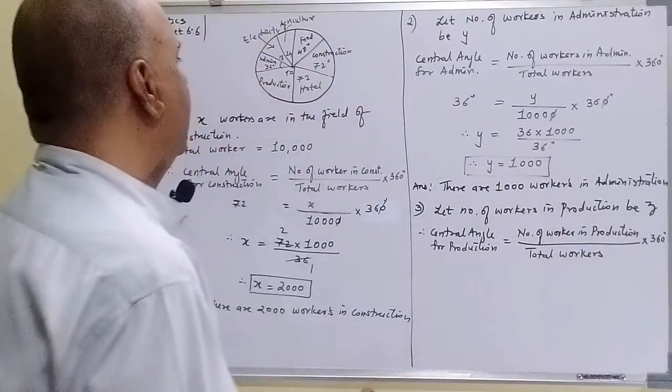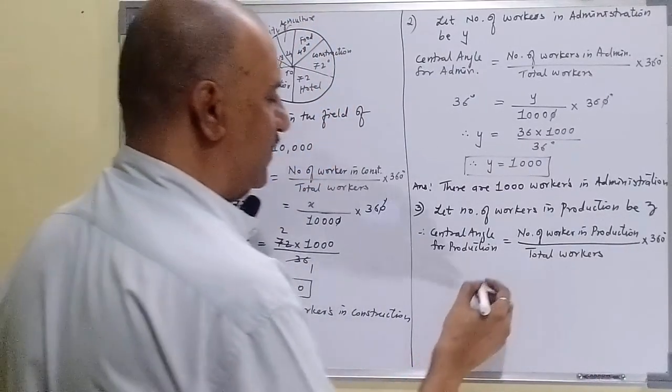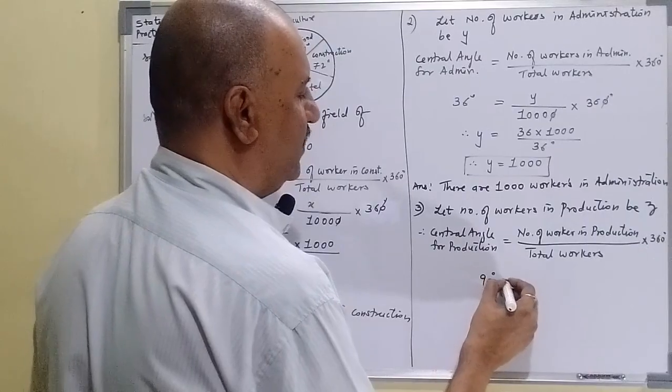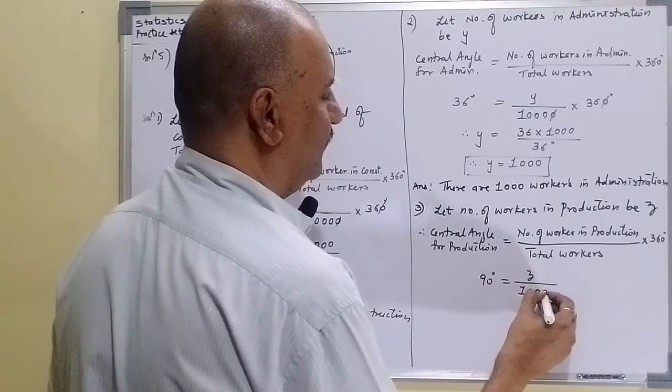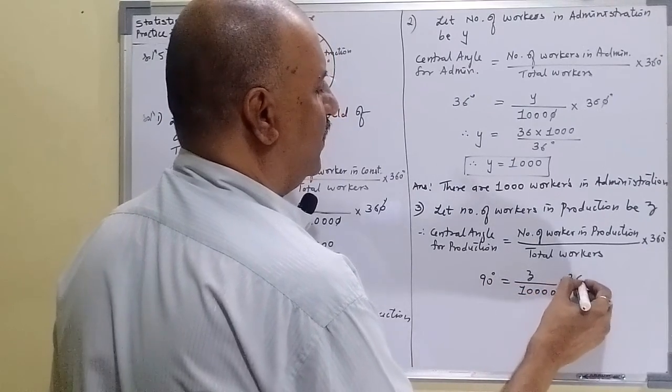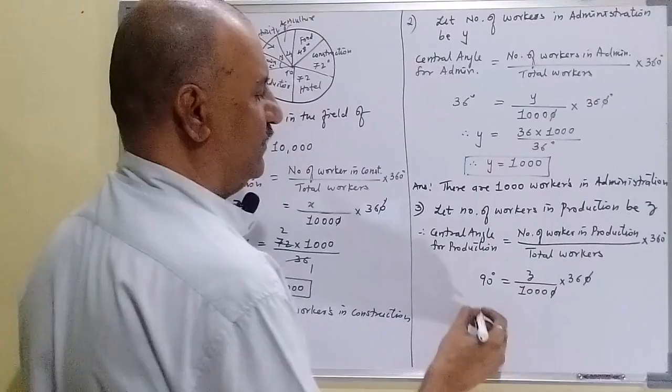So ये कितना डिग्रीज है? सेंट्रल एंगल इज 90 डिग्रीज. सो 90 डिग्रीज इज इक्वल टू Z अपॉन 10,000 into 360 degrees. 0 0 cancel.